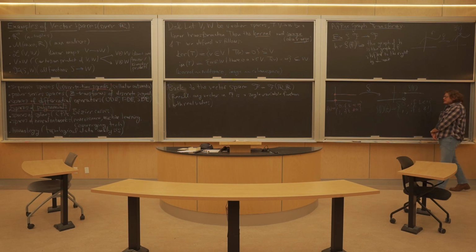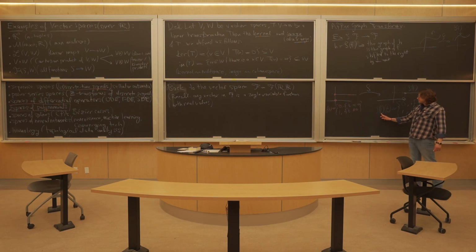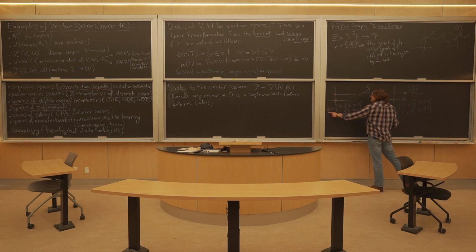So what I can write then is this, really. How can I relate these two functions? In order to figure out what S of f is at time t, I'm looking at a certain value of f at a previous time.